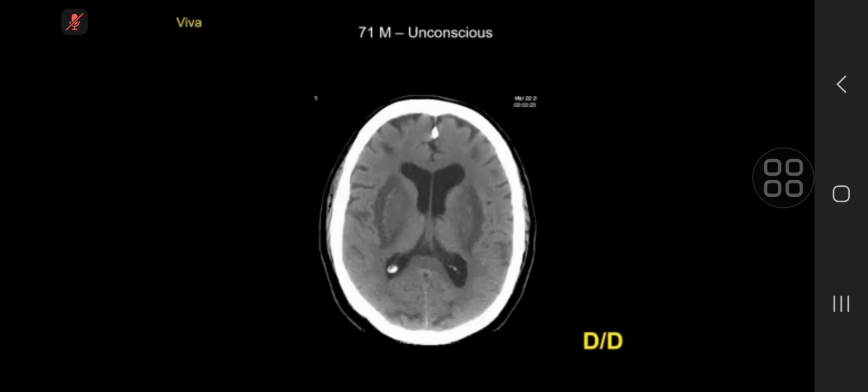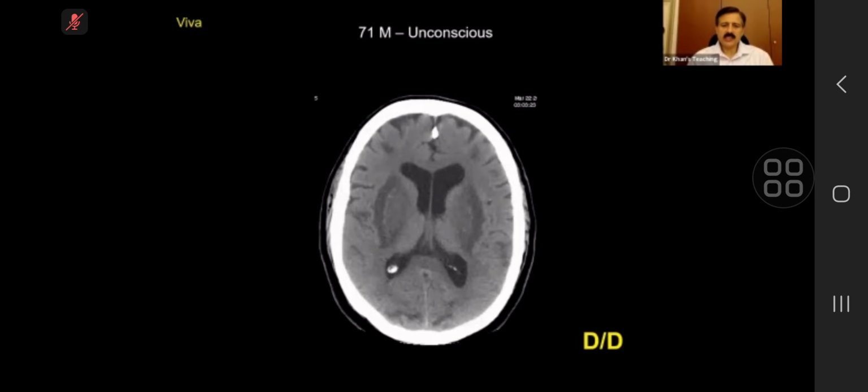The globus pallidus appears to be more hypodense than the inner lentiform nucleus. So I'm thinking this could be a systemic cause, such as carbon monoxide toxicity.